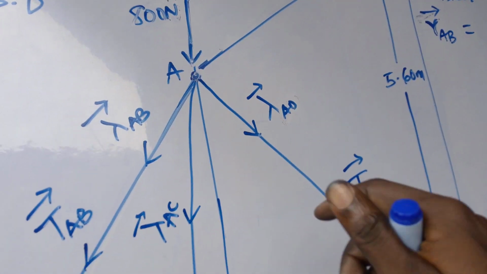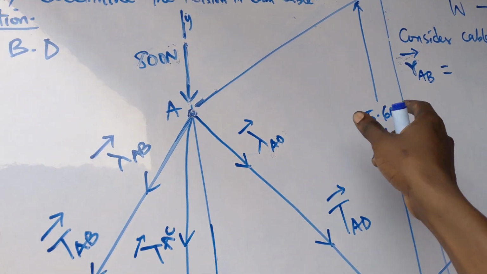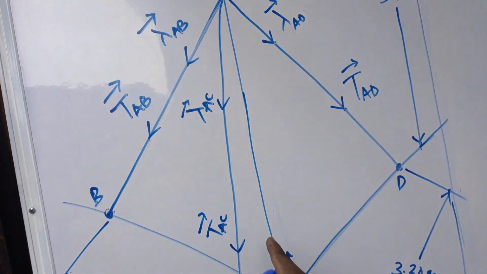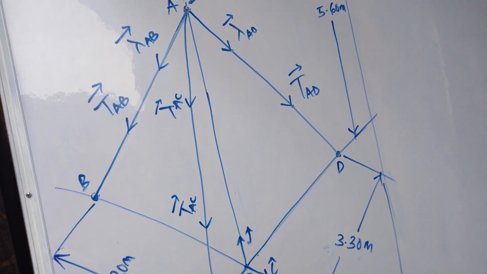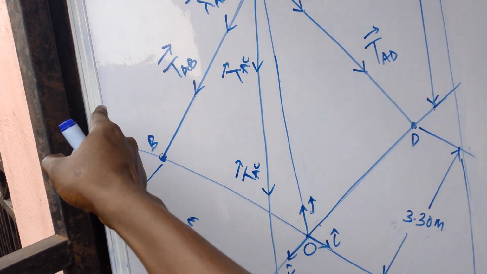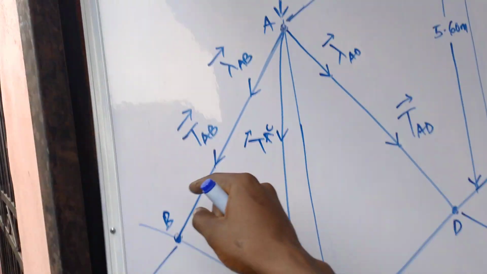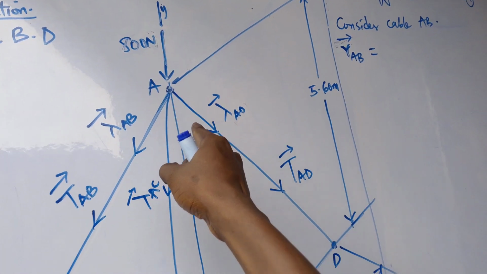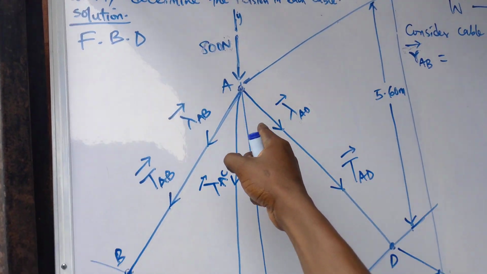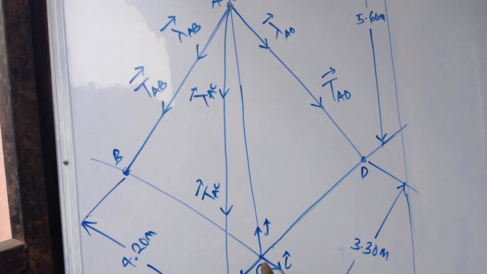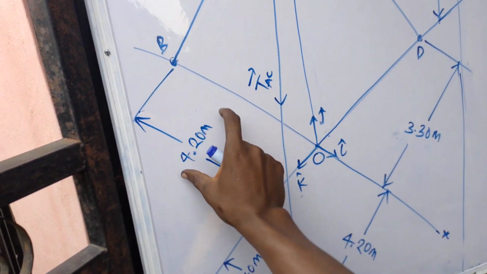Okay, so let's do AB now. This is the distance, 5.60. If I come down, I'll have minus 5.60 J. Then I'll move this way, minus 4.20 I. That's this distance from here.